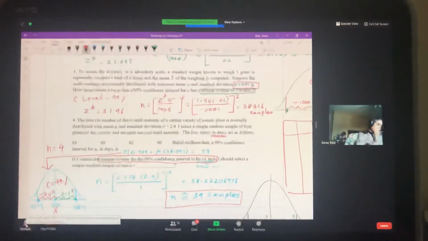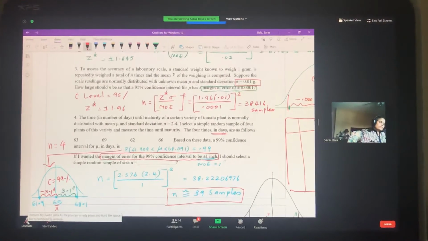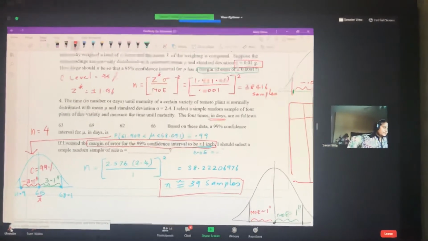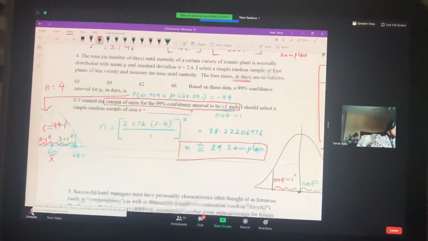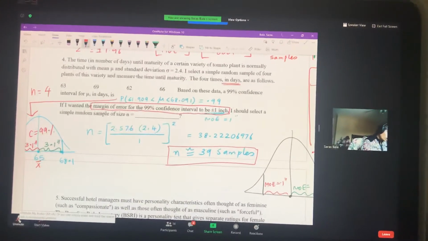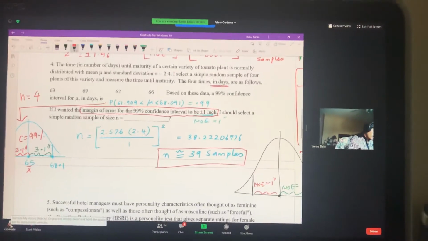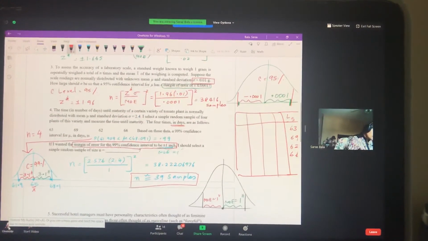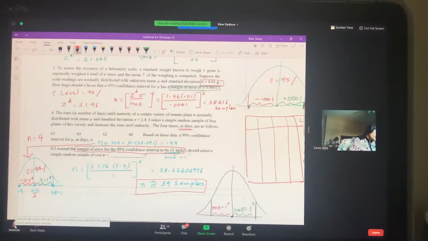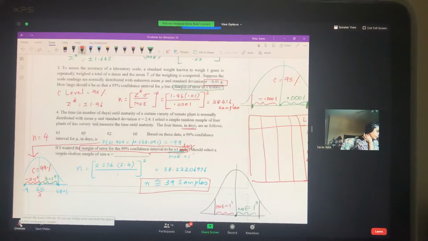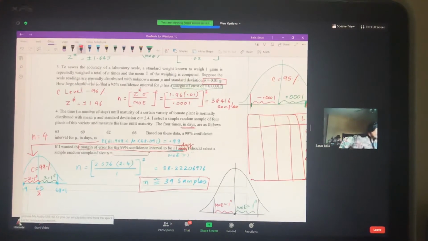So if you wanted to have the margin of error, which is the 99% confidence interval, if it is going to be maybe 1 inch or 1 day, why 1 inch? Now I'm just thinking about the typo I made. Maybe this could be day. That's right, because everything is in days.